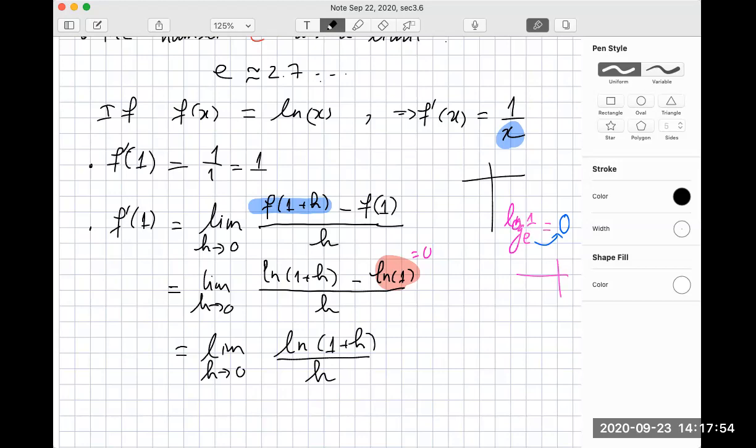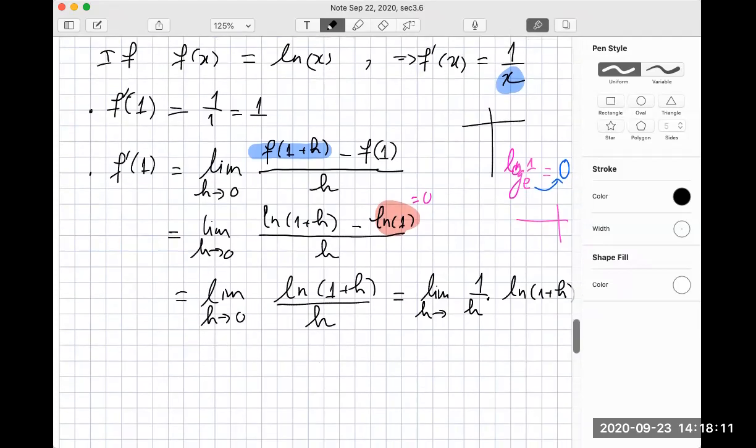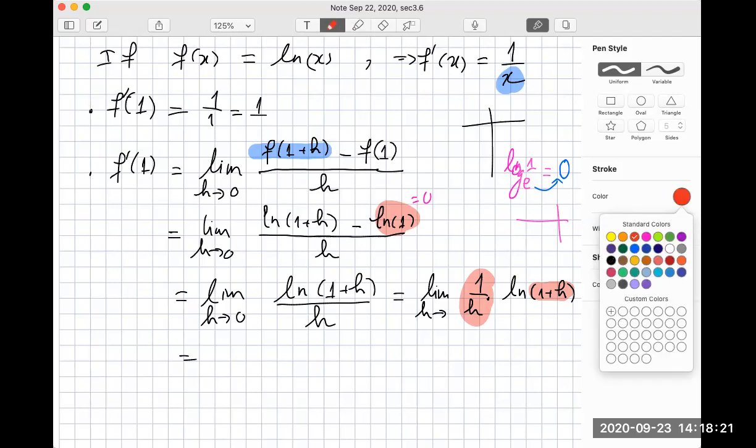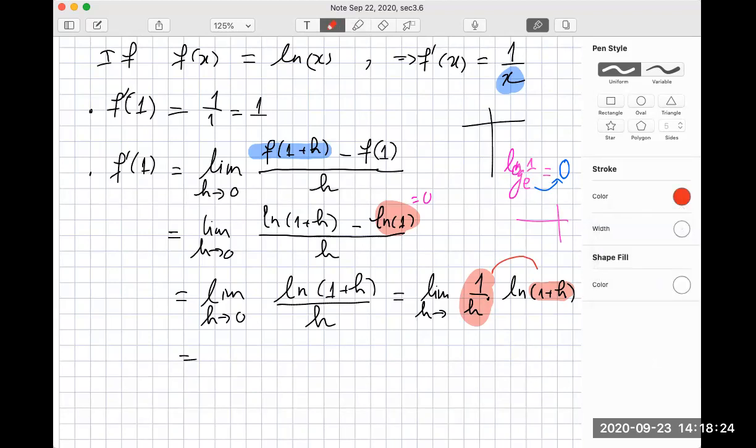But now, if we separate this into a fraction, 1 over h, and then natural log of 1 plus h here, what do we have here? The log formula tells us that we can bring this constant, this number, up to the power of this guy, right?